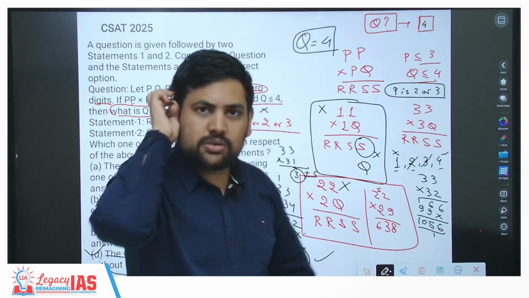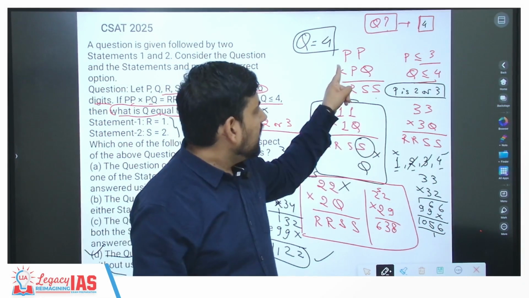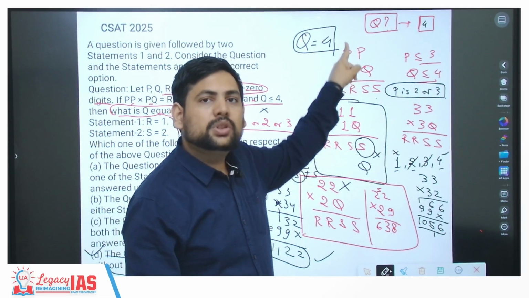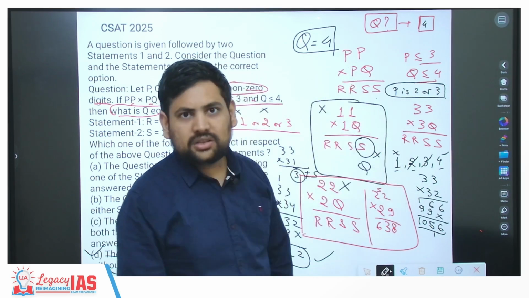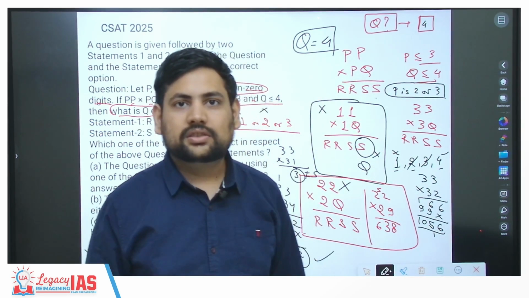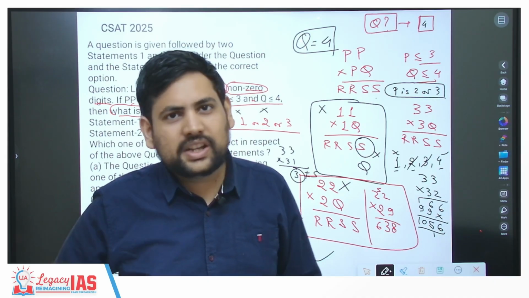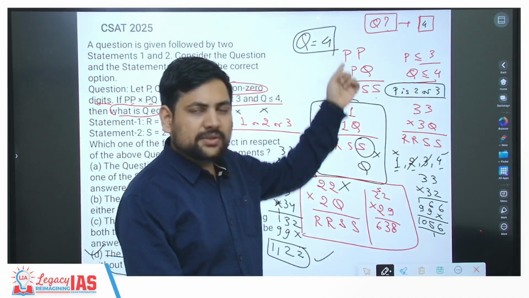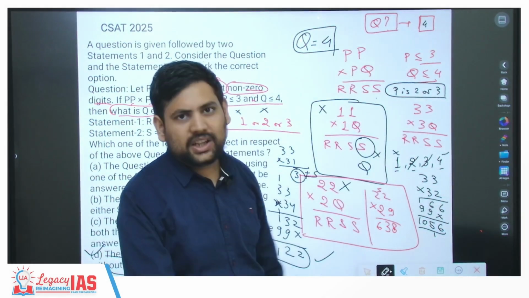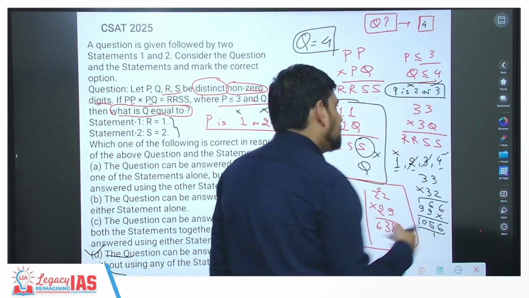Then the next thing I think immediately is a 2 digit number that starts with 2, for example 29 into 29. That also is less than 1000, correct? This I know, because 30 into 30 is 900, so 29 is also less than that. So a 2 digit number that starts with 2 both the times cannot give me anything 4 digits, so 2 is also gone. So then I get to p is 3.